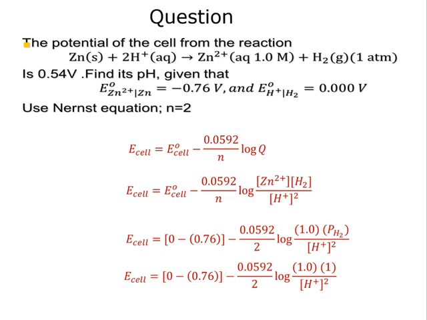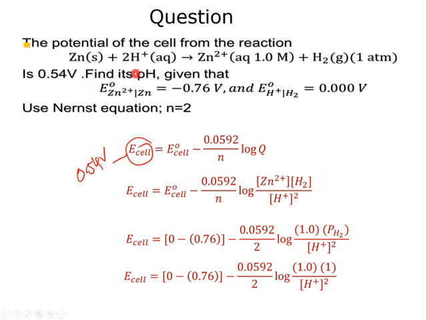Okay, the question: the potential of the cell from the reaction. So this is the reaction. From this equation, we know that this value is 0.54 volts.